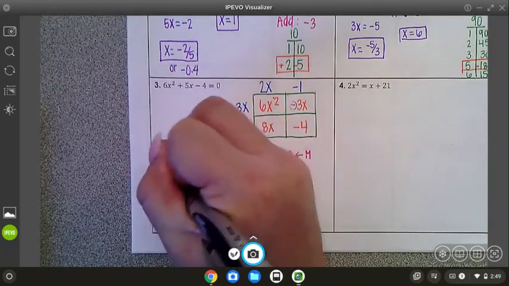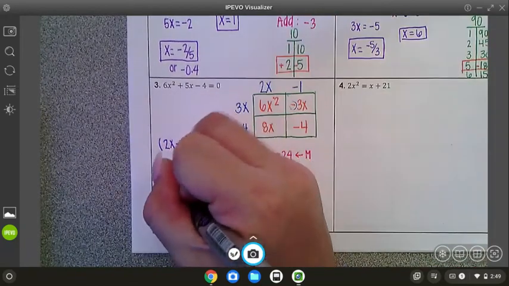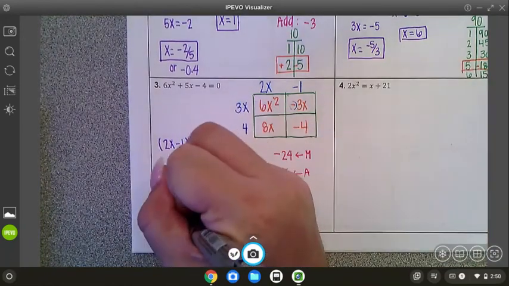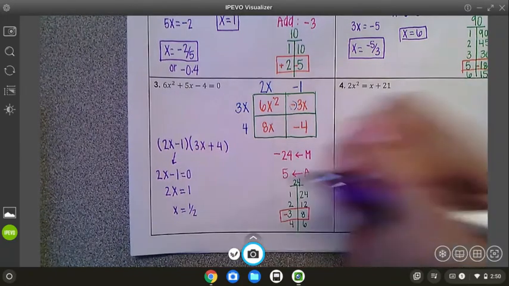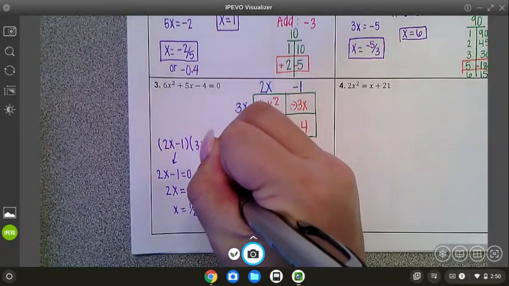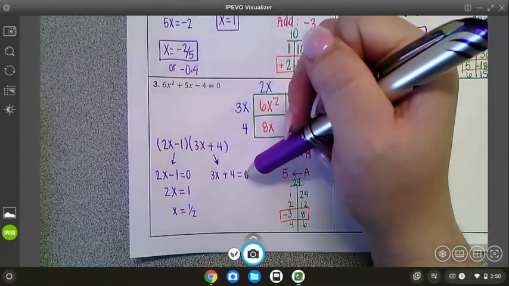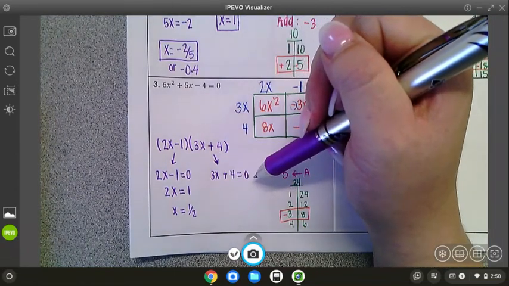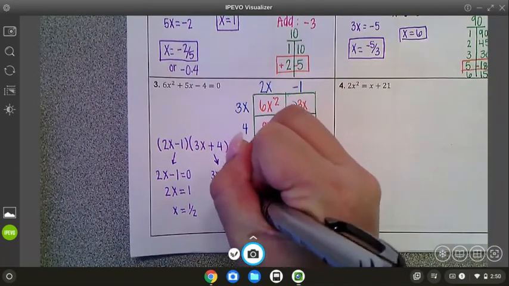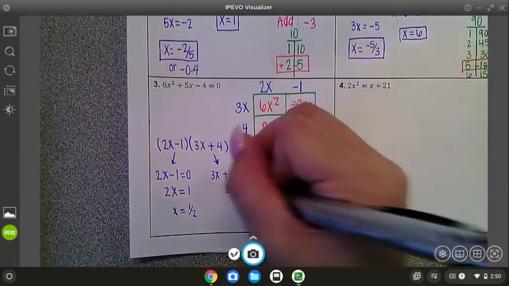If I do 2x minus 1 equals 0, make sure you add 1 to both sides to get 2x equals 1. And then if we divide by 2, we get x equals 1/2. This next one, we've got to set it equal to 0. Then we subtract 4, giving us 3x equals -4. And we divide by 3.